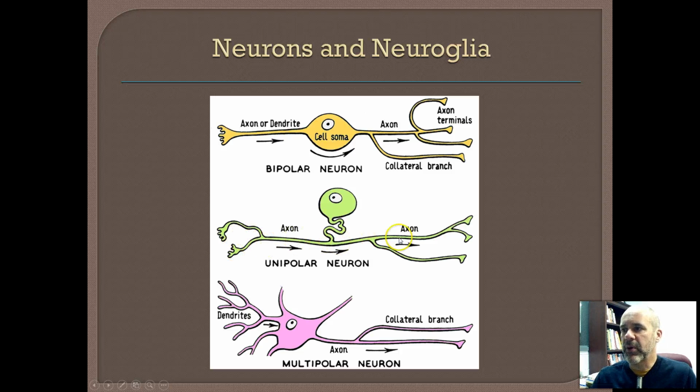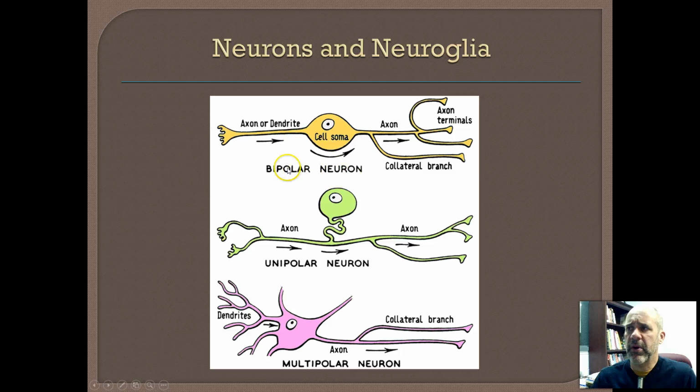That's going to be a unipolar type neuron. Remember, you've also got sensory neurons that sense things like temperature, and those have this type of structure as well. And the action potential gets generated because of some stimulus down here, and travels towards the central nervous system. Usually these are going to head toward the spinal cord.